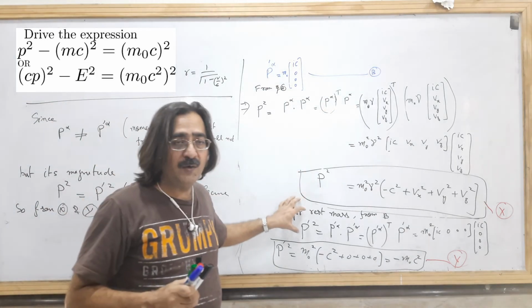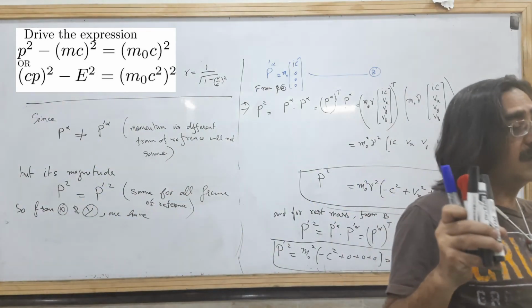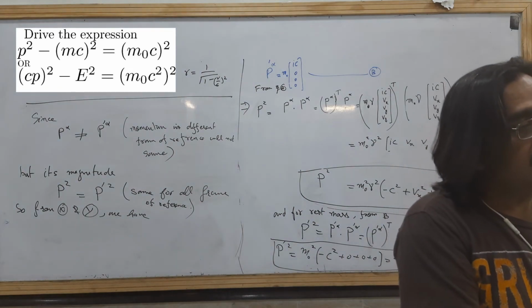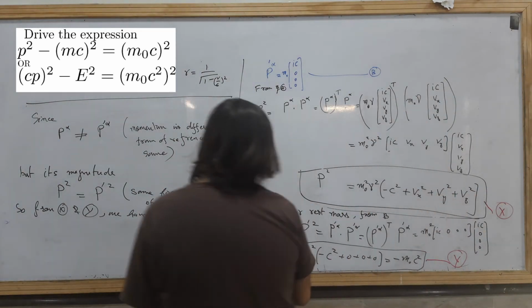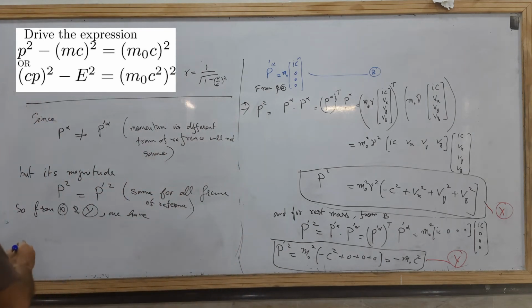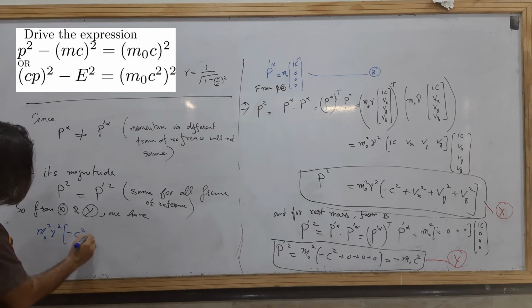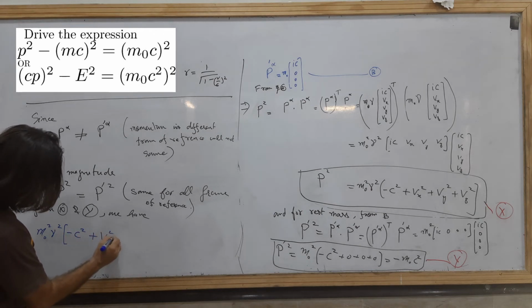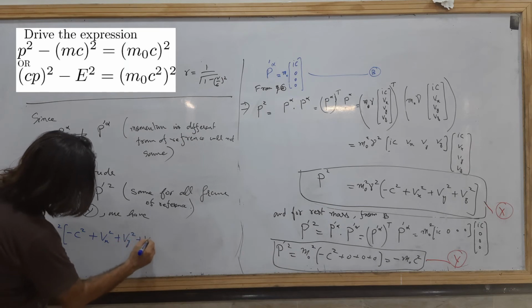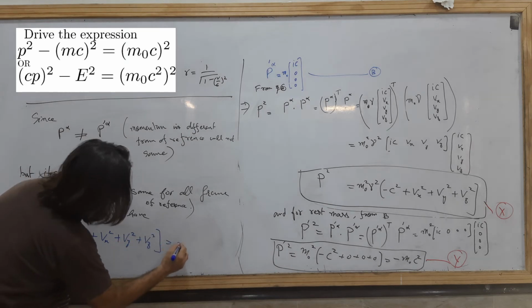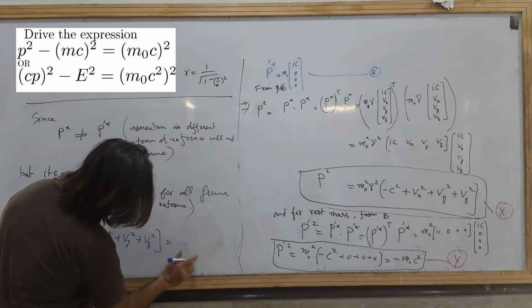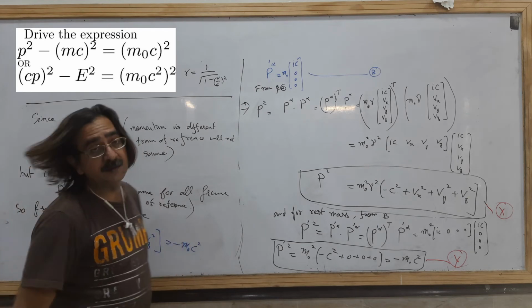ये डिफरेंट फ्रेम की डिफरेंट वैल्यू निकाली है और जो हमारे पास हमने कहा है मैग्नीट्यूड सेम होनी चाहिए, तो इन दोनों को हम बराबर लिखेंगे. ठीक है, तो हमारे पास क्या रिजल्ट आ जाएगा? एम नॉट स्क्वायर गैमा स्क्वायर इंटू माइनस सी स्क्वायर plus Vx square plus Vy square plus Vz square, this equal to m naught minus m naught c square.